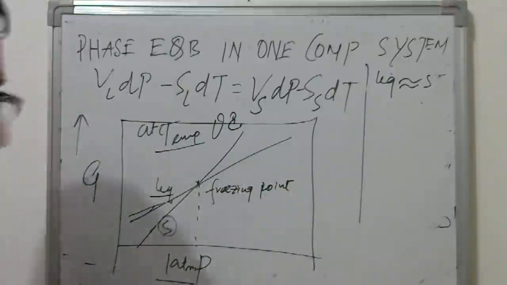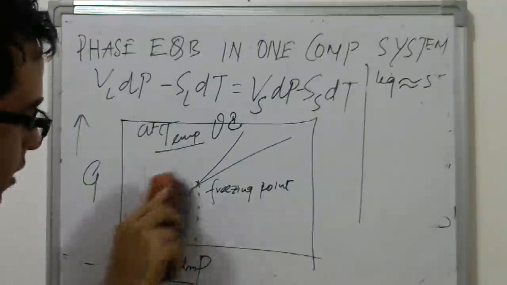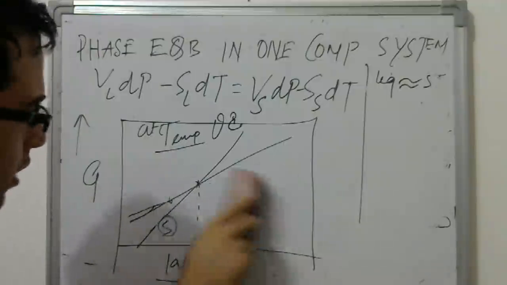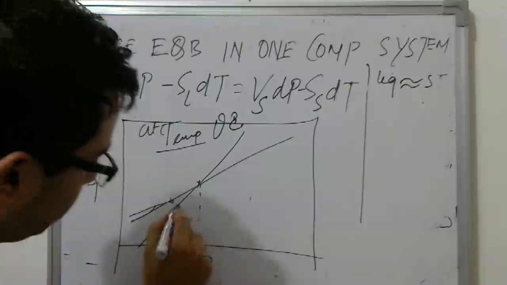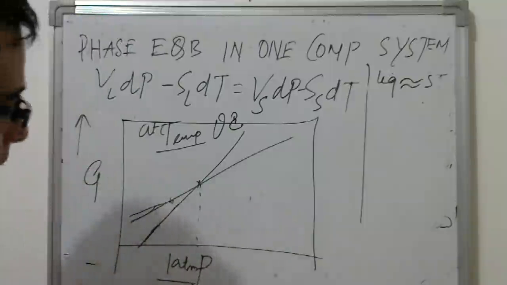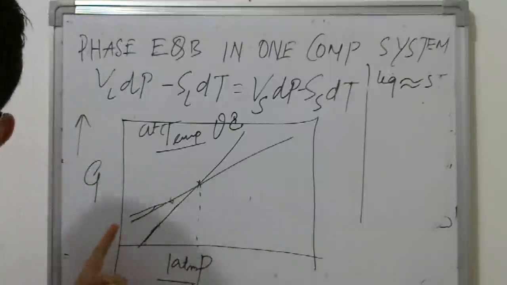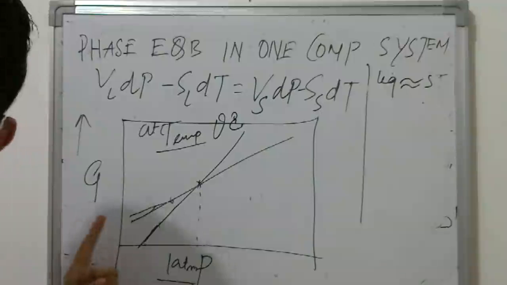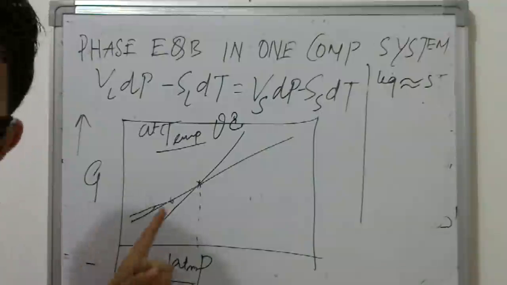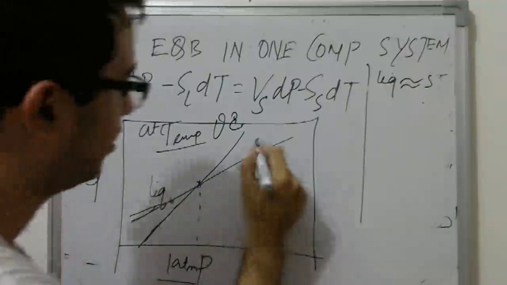Okay, let's not define it this way. Here only temperature is constant, so let's define it in this way. Whatever happens, my free energy of the final state is lesser than the free energy of the initial state. So let's say this is the liquid and this is the solid line.